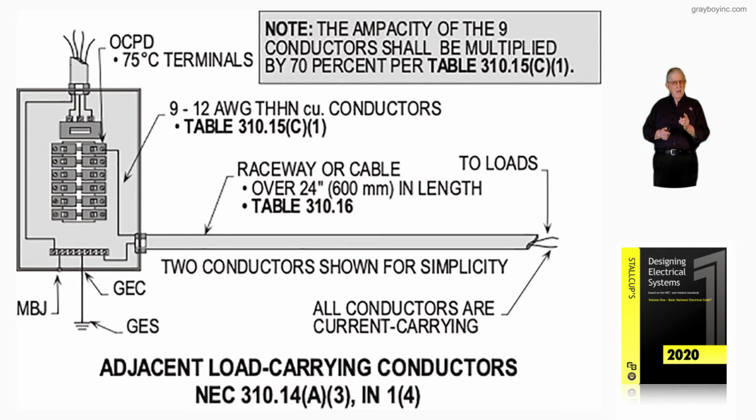Keep in mind, if you have 10 or more current carrying conductors in that raceway, you must derate even further. And if we should have a Y system, not shown, but say it was there, then you have to consider the neutral's current carrying, and you would go to 310.15(E)(3), Item 3.